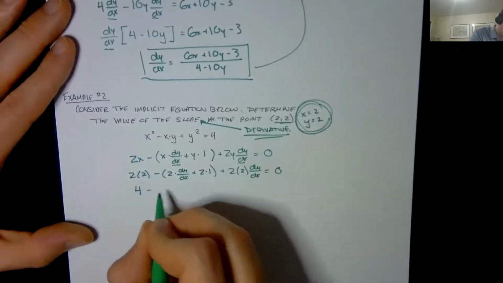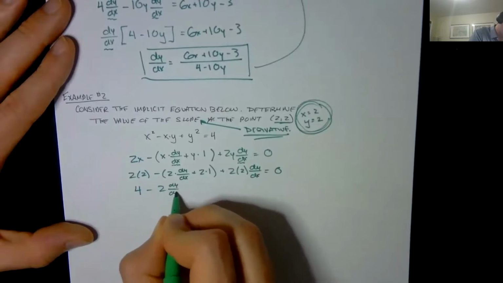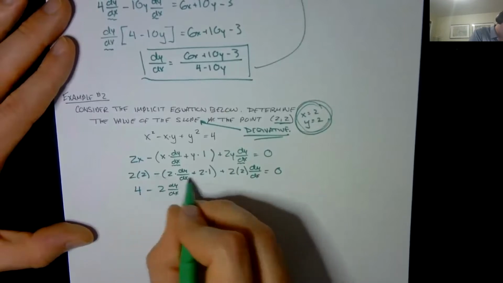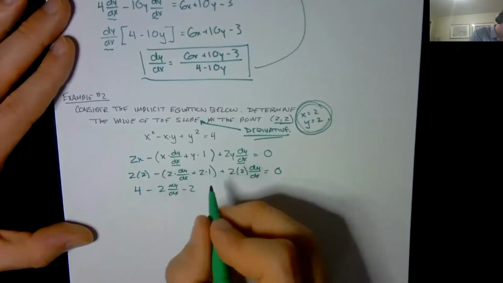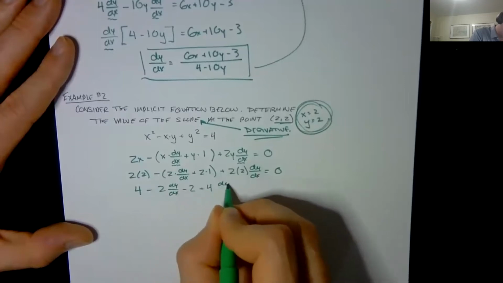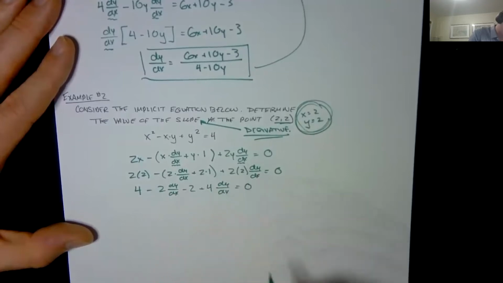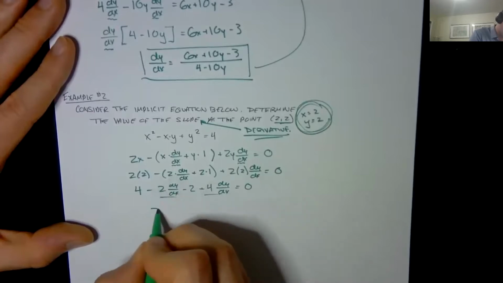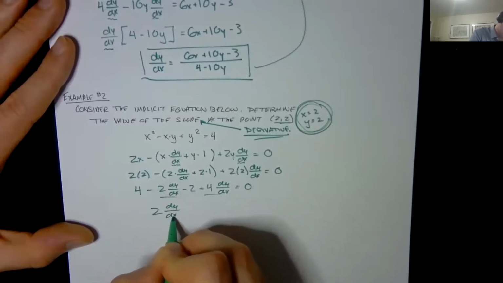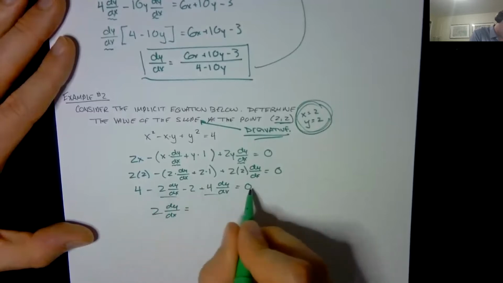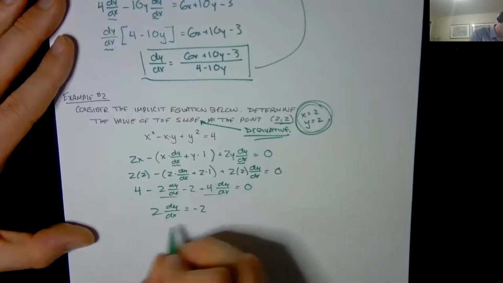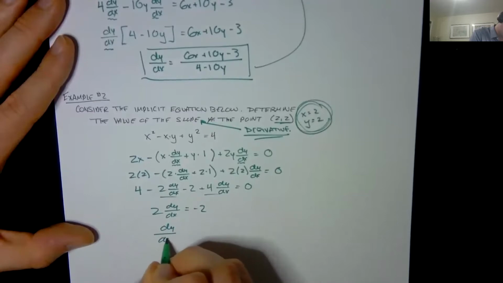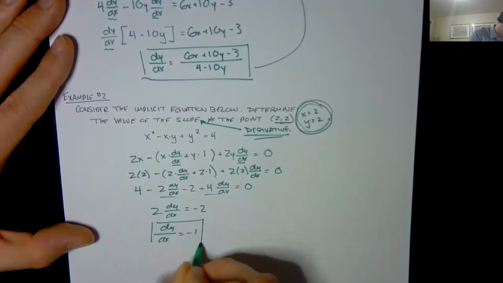I have 4 minus 2 dy/dx minus 2, make sure you distribute that negative, plus 4 dy/dx equals 0. Then from there, I can combine these two. That's going to become 2 dy/dx equals, bring the 2 over, that'd be positive 2, subtract the 4, that's negative 2, and I get dy/dx equals negative 1.